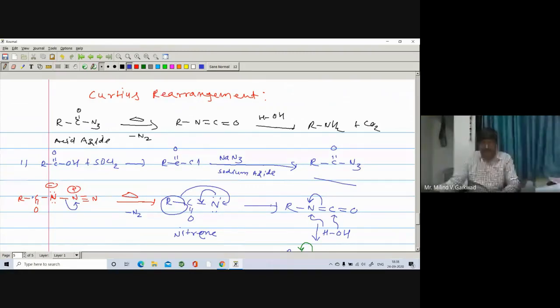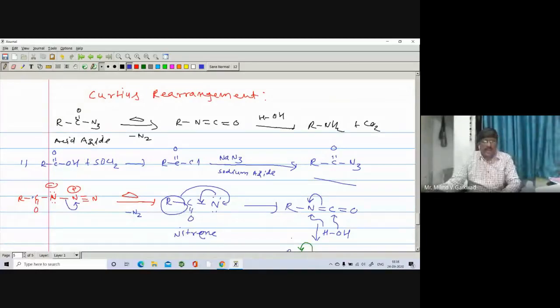The starting compound is acid azide, but in this case we are using a carboxylic acid. Further, when you simply heat it, you get the corresponding nitrene and then the corresponding amine.